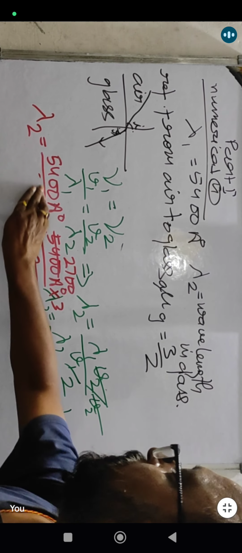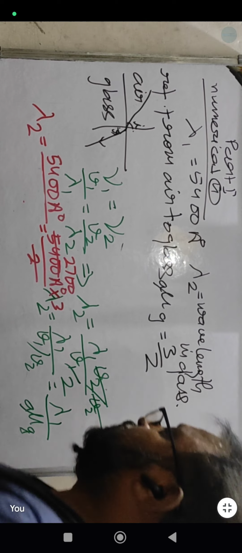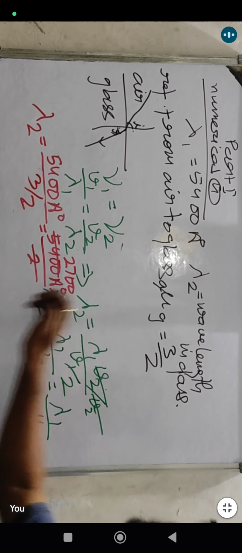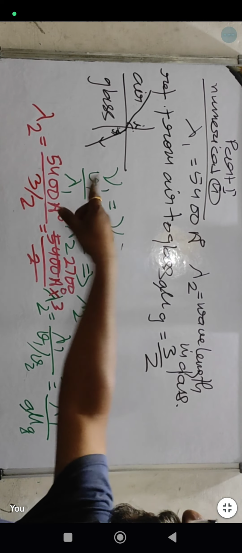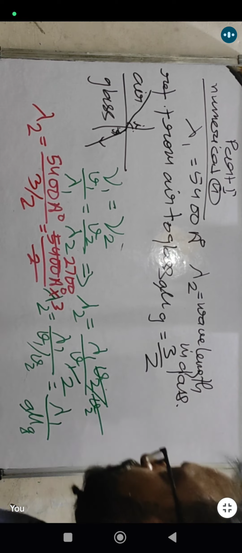You write here 3 by 2, just a misinterpretation.